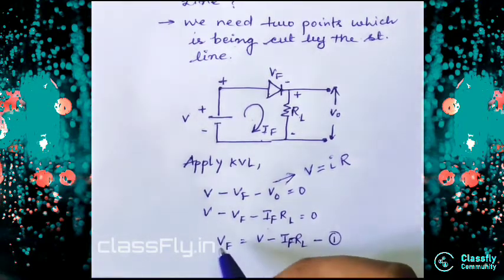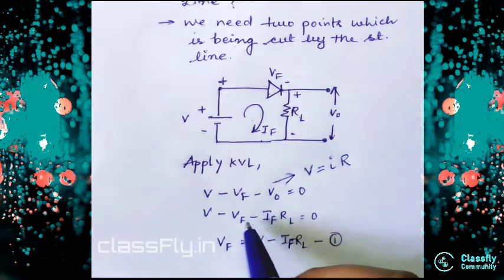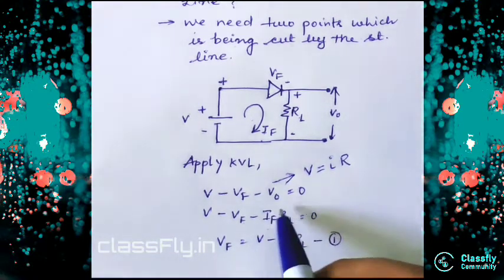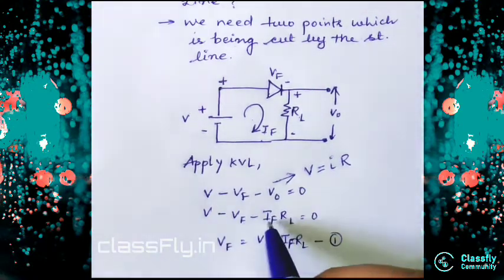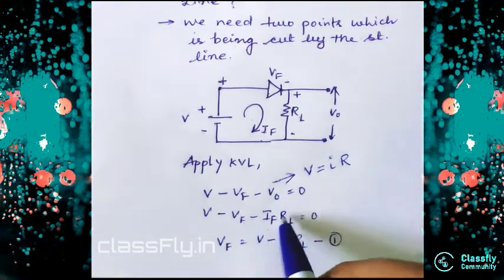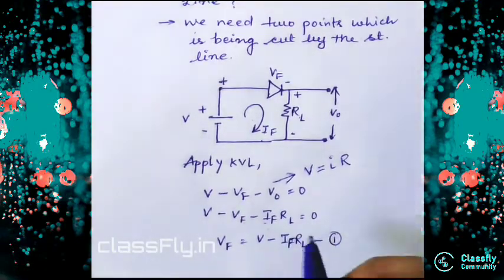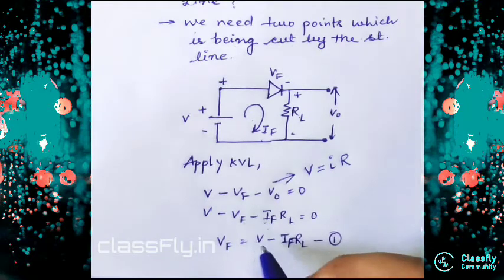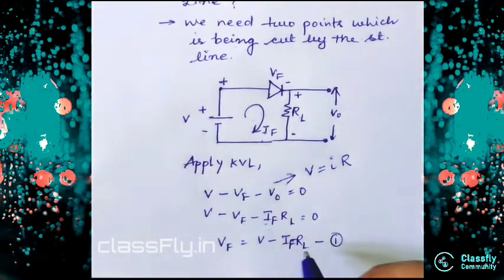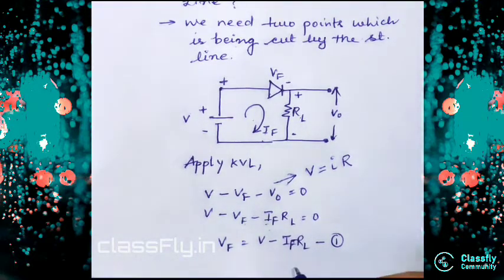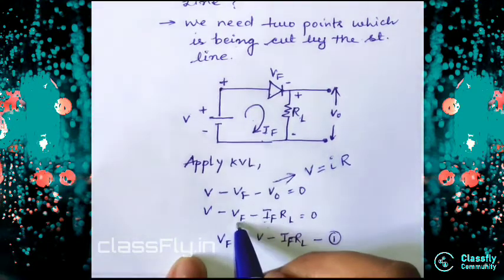Now VF is equal to, if I move this IF RL to the other side, V minus IF RL. Why did I do this?